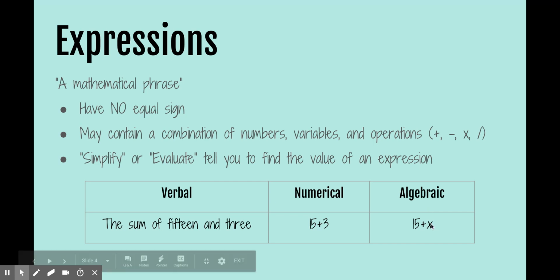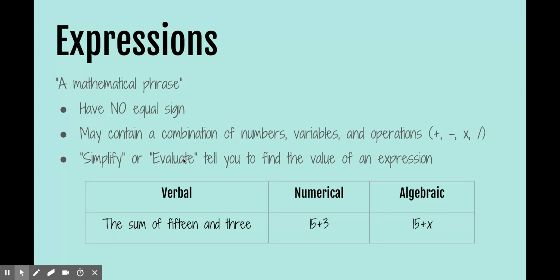And so the biggest thing about expressions is that you can simplify expressions or evaluate expressions. Those two words are important to know what they're telling you. And that basically just means do as much as you can, but you can't actually solve it or find sometimes a very specific answer like you're used to doing.